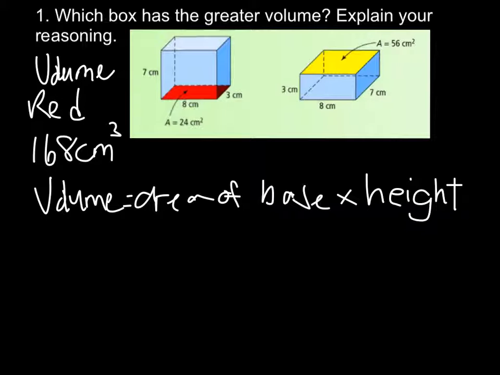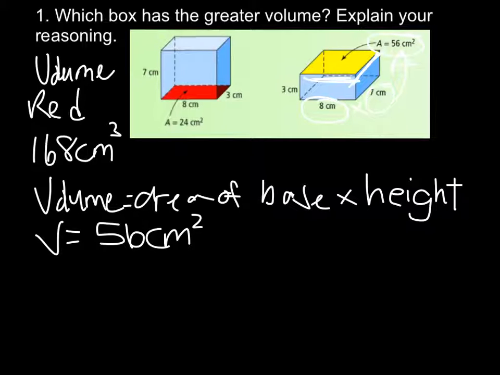Again, they've already found it for us. It is 56 centimeters squared. And how did they get that? Well, if we multiplied the length times the width, that would give us 56, because 8 times 7 gives us 56.